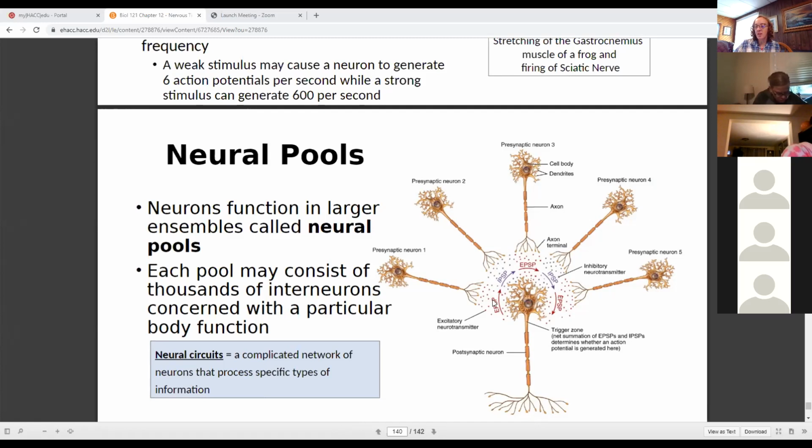One of them is giving an excitatory postsynaptic potential. One's an inhibitory, one's an excitatory, one's an inhibitory, one's an excitatory. The net summation of these different postsynaptic potentials will determine whether or not an action potential is generated.